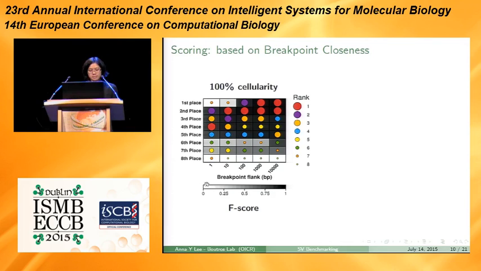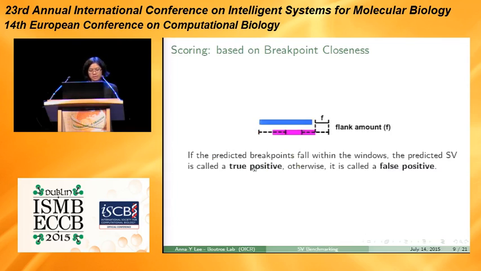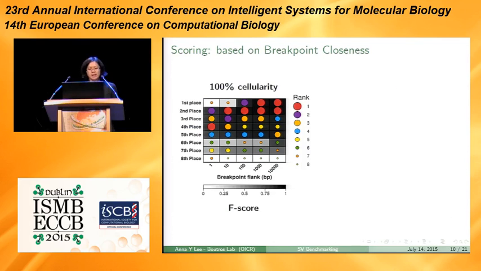And along the columns, we see the results from different flanking amounts. So we can see from when the flank amount is allowed to be just one base pair, the F-scores tend to be lower, and as we increase the flank amount around the break-ends, then the F-scores tend to increase.